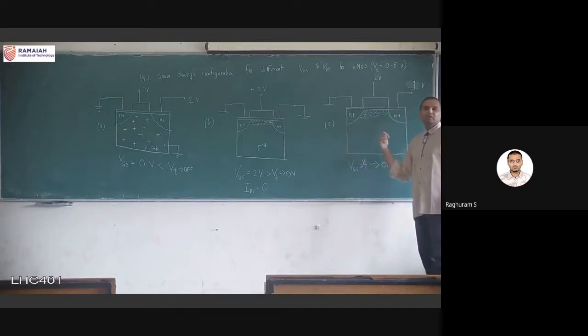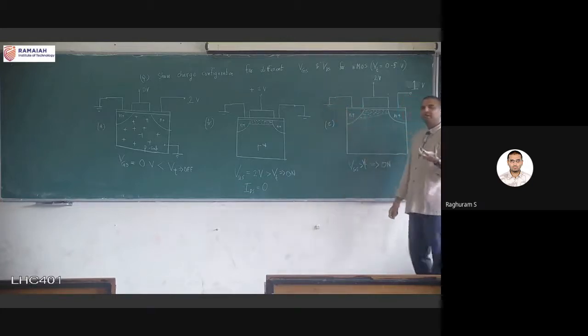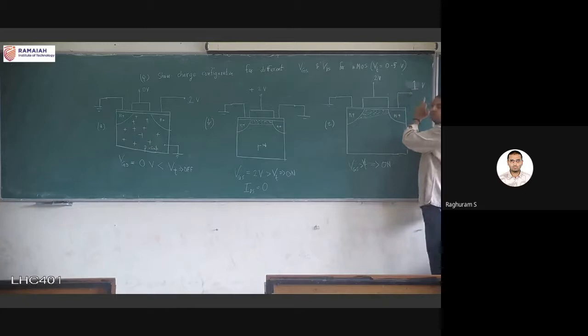Exactly the same thing here also. Why is there a gradient in this charge concentration? This side is connected to ground. Ground is not a very nice polarity for electrons because that is negative. The most negative voltage in digital circuits is ground. However, this side you see a positive 1 volt.